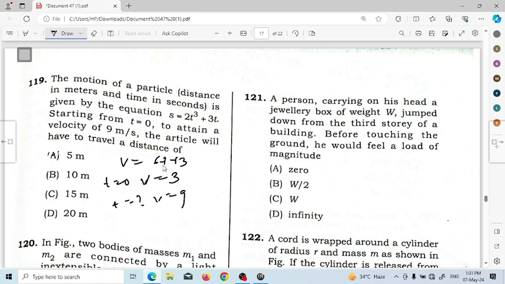Velocity will be 9 at t is equal to 1, 6 into 1 square plus 3. So time is equal to 1. So putting the value t is equal to 1, 2 into 1 cube plus 3 into 1, 2 plus 3 is equal to 5. So option A is the correct answer.